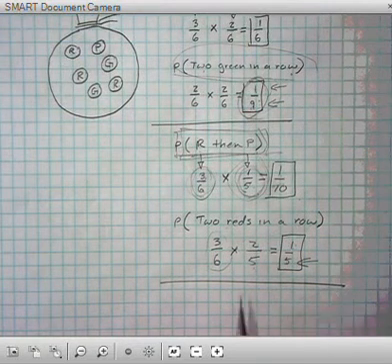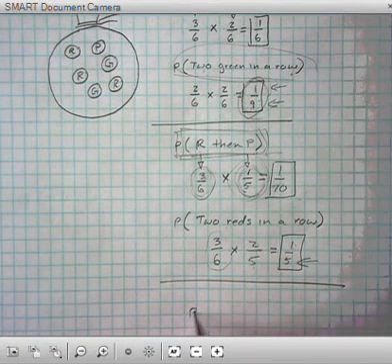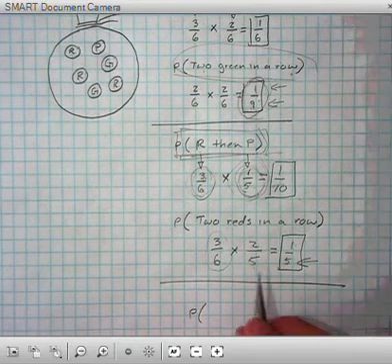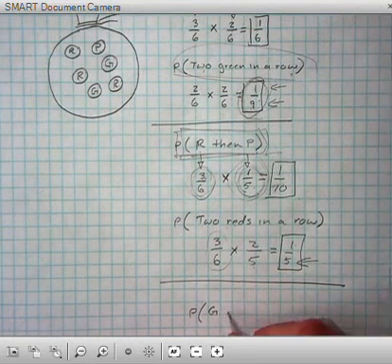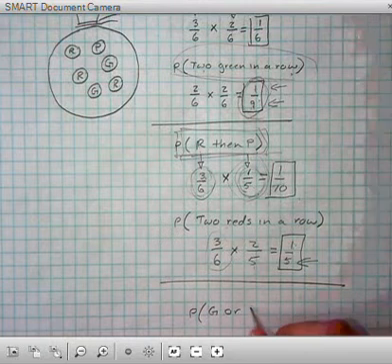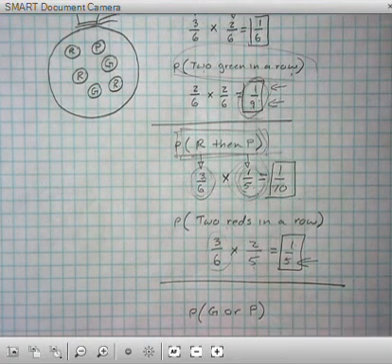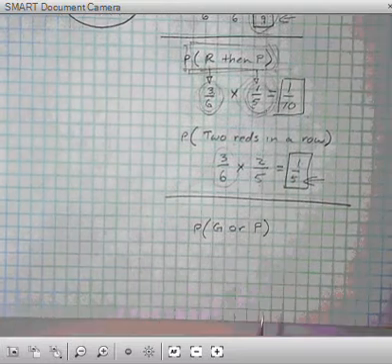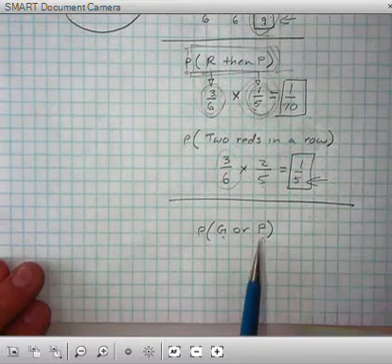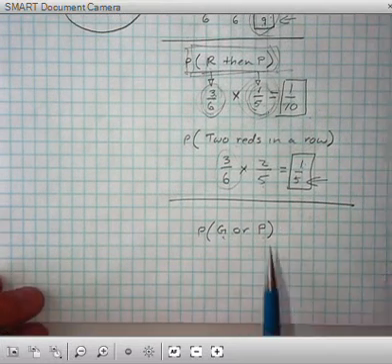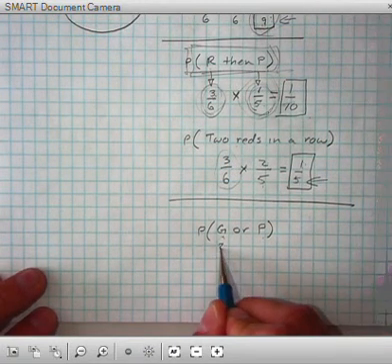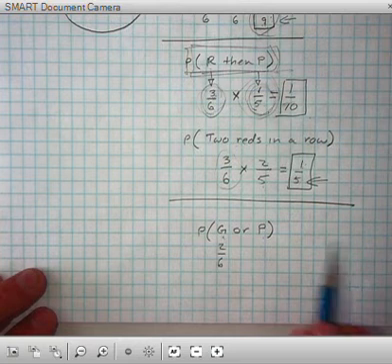So our last criteria is if we're looking for multiple combinations, like the probability of pulling out a green one or a purple one. In that last one, if I want to pull out a green one or a purple one, the probability of having a green one is 2 out of the 6.